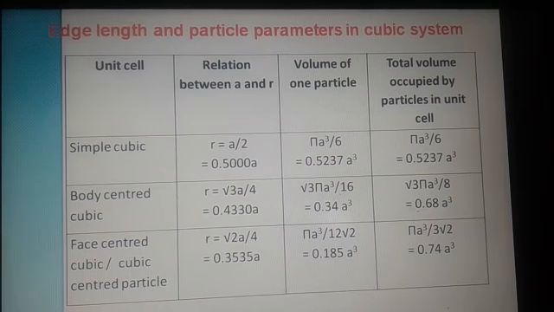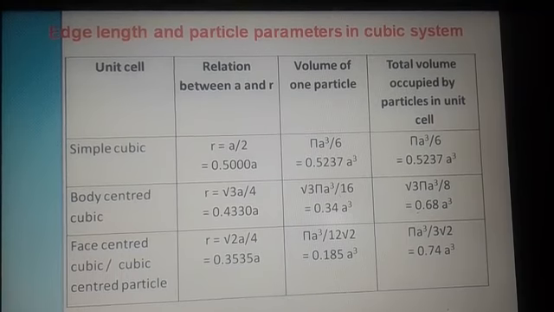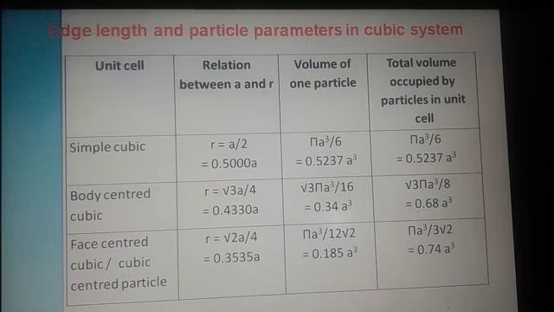Instead of doing all the calculations and wasting our time, we will simply multiply 0.5237 A cube. Now to determine the total volume occupied by the particle in unit cell, the same value we have to use, that is 0.5237 A cube.